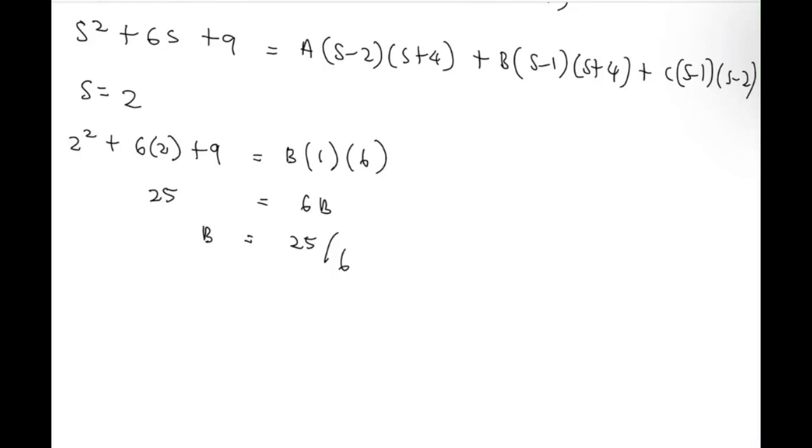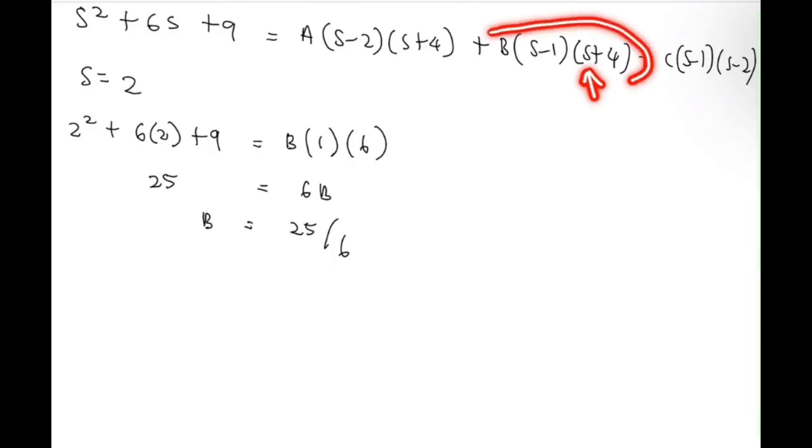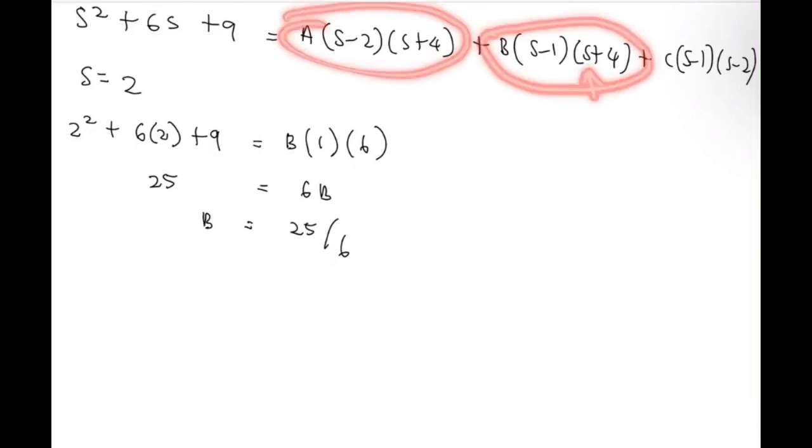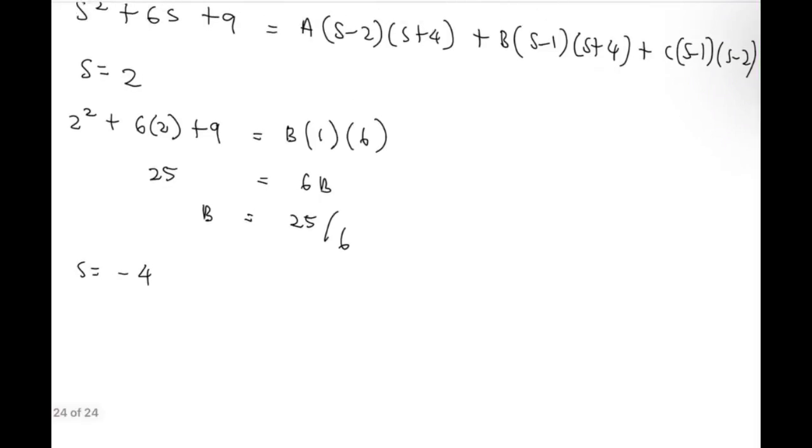All right. Let's substitute s equal to minus 4. If we substitute s equal to minus 4, B will be 0 and A also 0 because we have s plus 4 there. That means we can find the value for C. So for the left-hand side, we have minus 4 squared plus 6 times minus 4 plus 9.